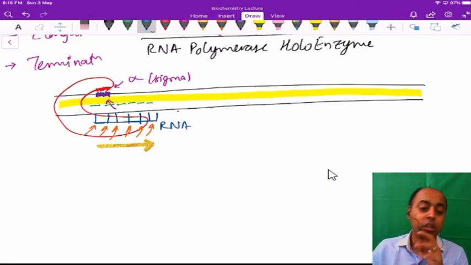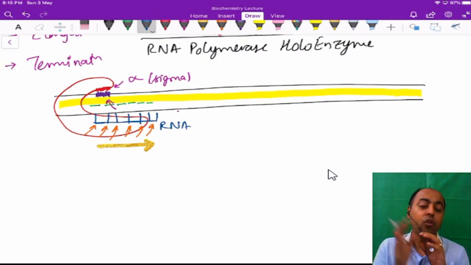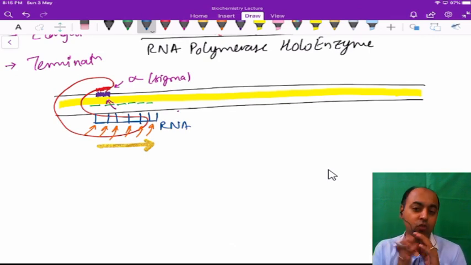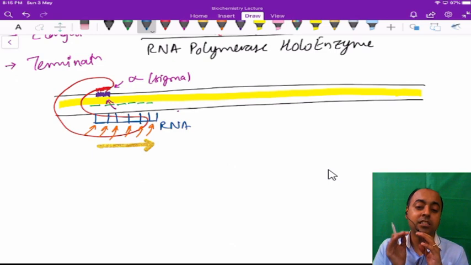Please note, during this movement forwards, the RNA polymerase will not be attached to the DNA. It will be attached to the RNA. During the forward movement, it will move along the DNA, but it will be attached to the RNA because it doesn't identify any other segment on the DNA.